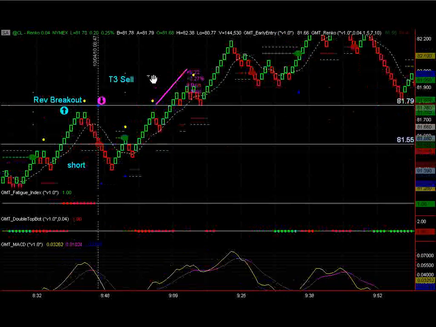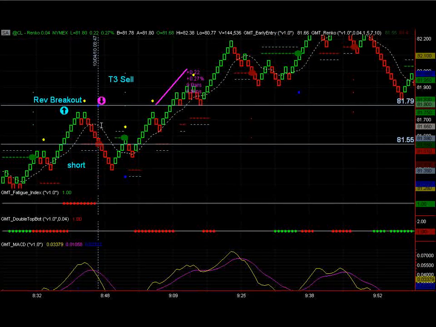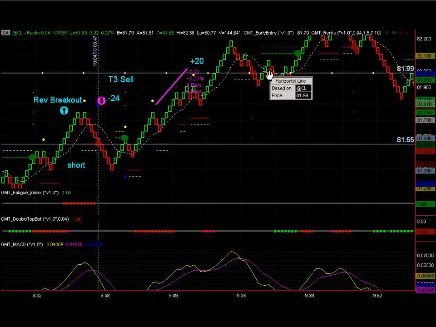And so that means that our initial trade stopped out for negative 24. Our second trade gets plus 20 cents because that easily pushes up and goes much further than that. It actually gets taken out at 99.